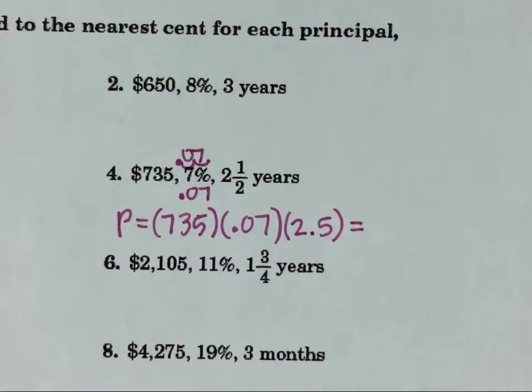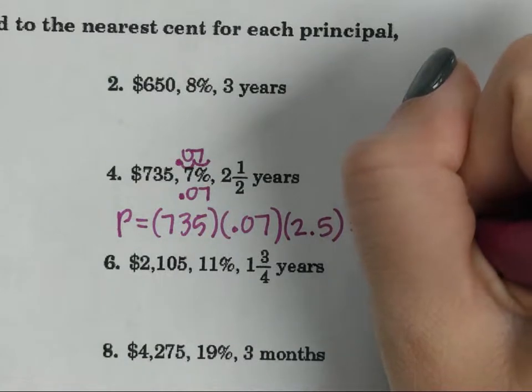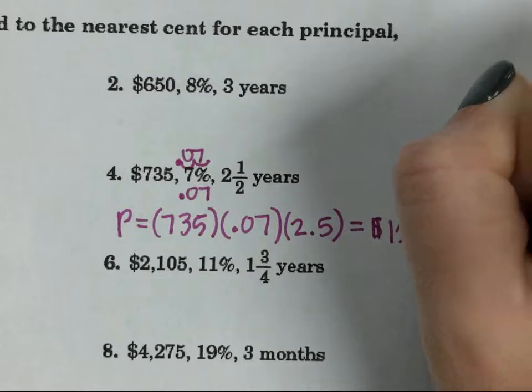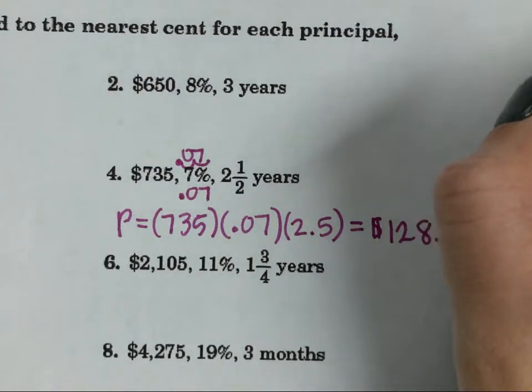What do I get? 128 point some decimals. Did everybody get 128 point something? Braylon, what are the decimals after it? 0.625.